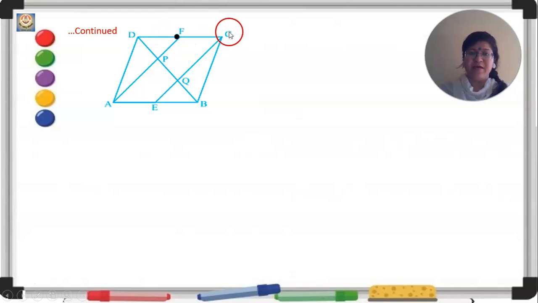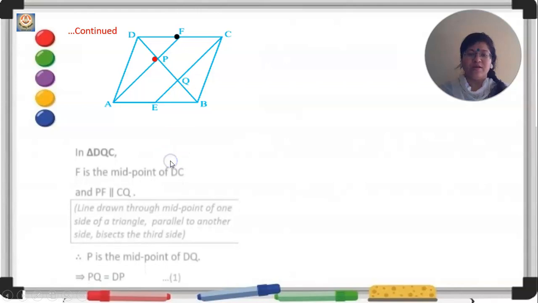You're already aware. Let us take triangle DQC. In this triangle DQC, F is the midpoint of CD and we have proved PF parallel to QC. And if PF is parallel to QC and F is a midpoint of CD, then P becomes the midpoint of DQ.